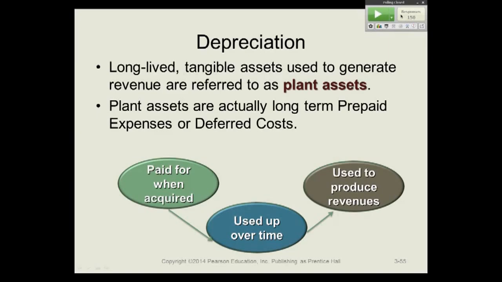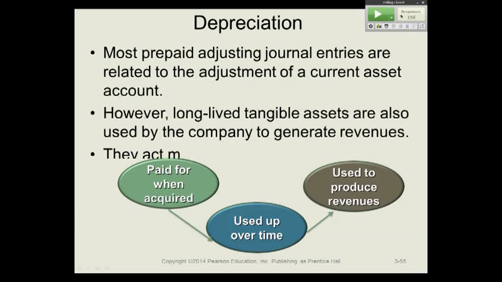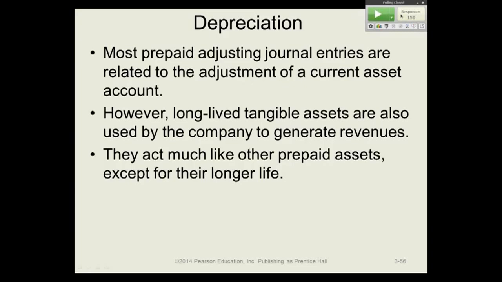We look at it more as a long-term asset, plant and equipment. Most of these prepaids would be short-term. This is long-term. It acts the same way, but there are some significant differences.